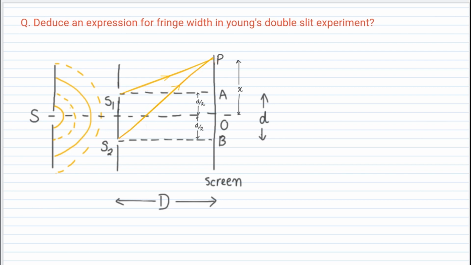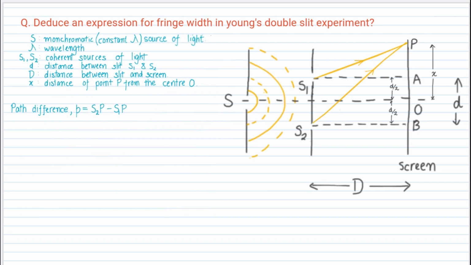Are S1P and S2P equal? No. So the light coming from S2 to P has to travel an extra path. That extra path we denote as the path difference, denoted by small p. So the nature of the interference, whether it will be bright or dark, depends upon the extra path the light has to travel. So p is the path difference between S2P and S1P.